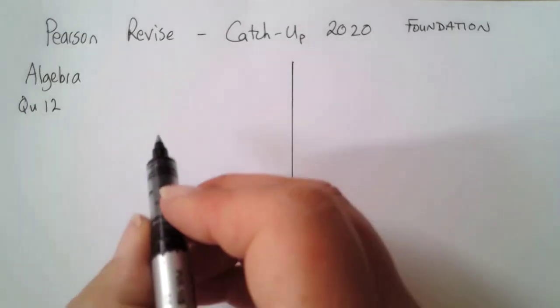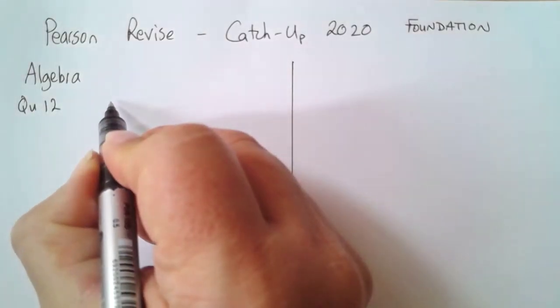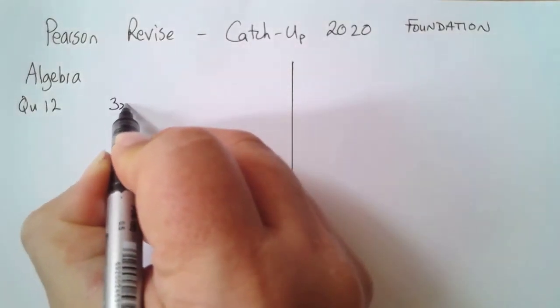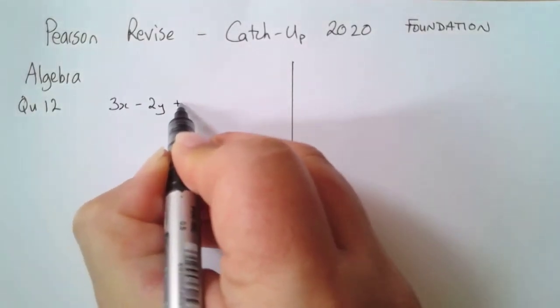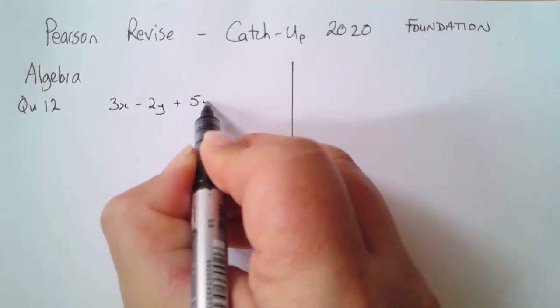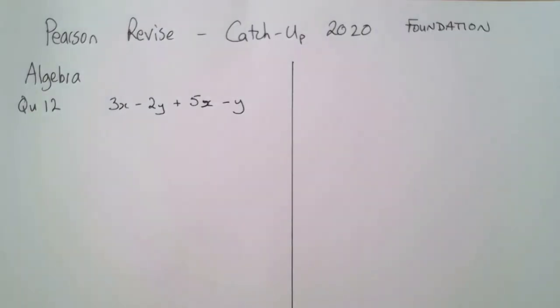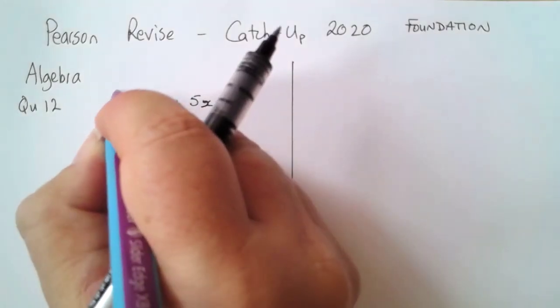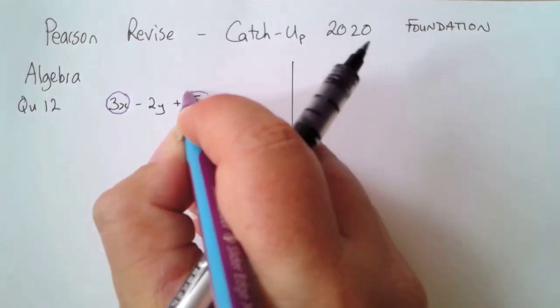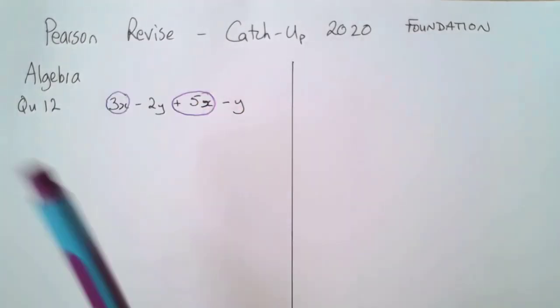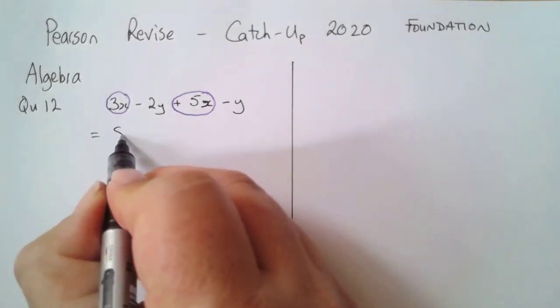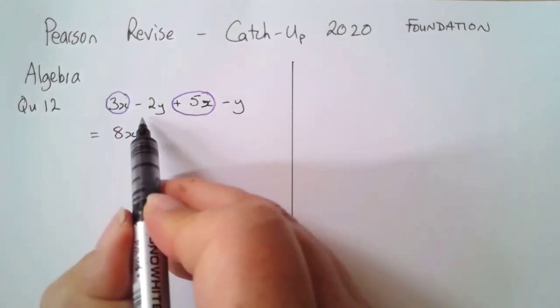Moving on to algebra, we're looking at simplifying. Oh, there's an x. We're collecting like terms, the 3x and the 5x. Positive 5x gives us 8x. Now we have to be really careful.